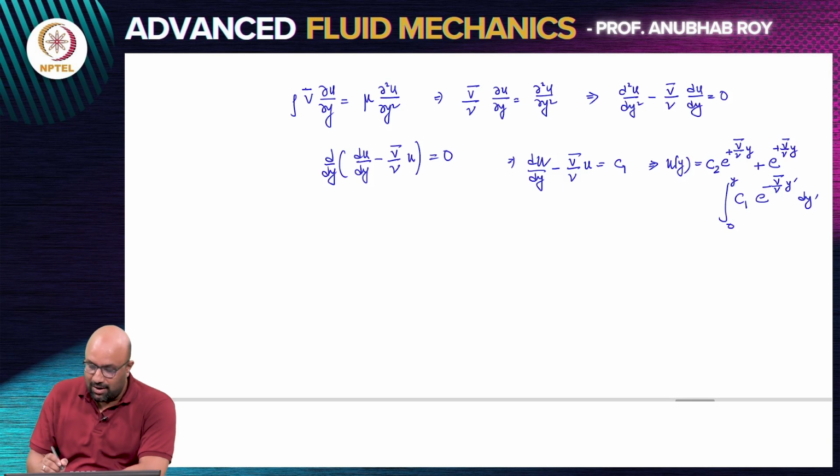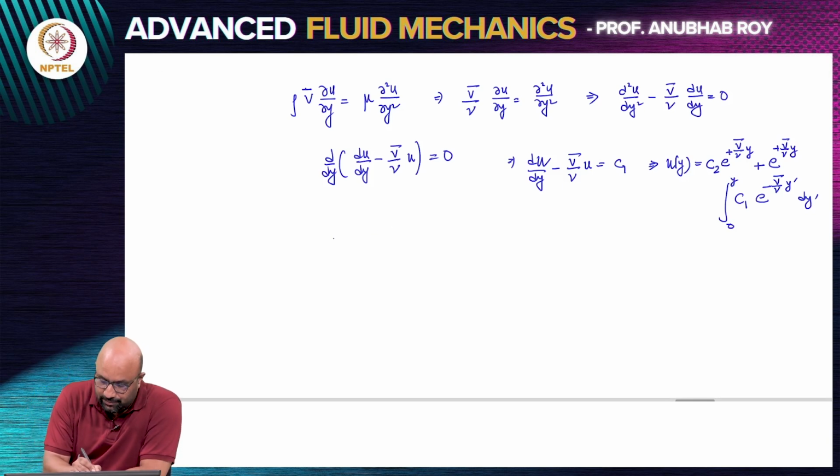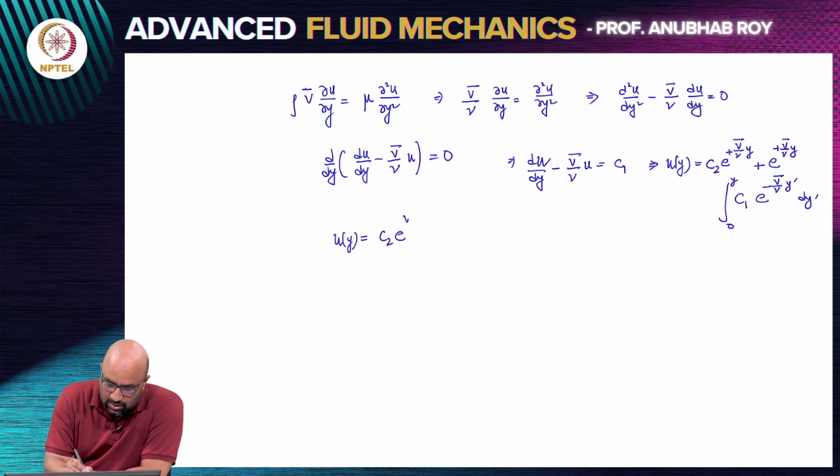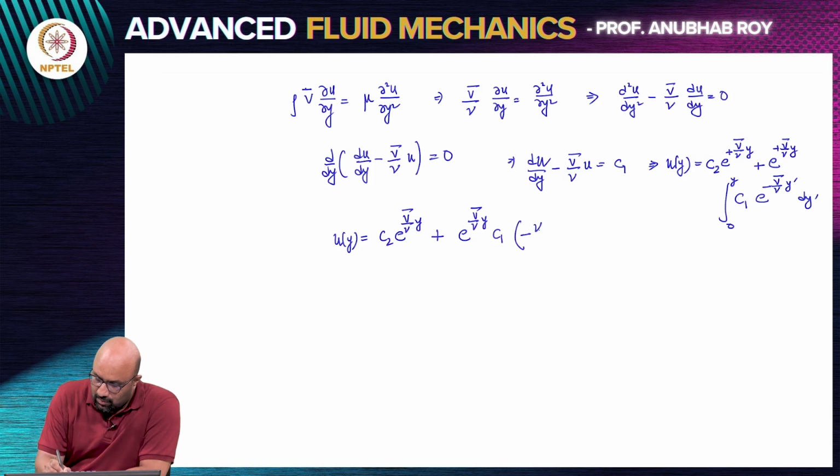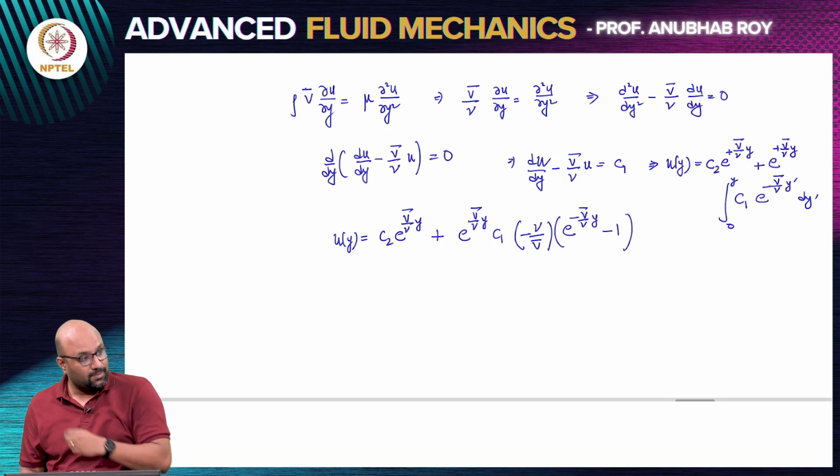So, you will have now a solution in this particular problem, which is u of y is C2 exponential of v bar by nu y, and on integration you will have C1 minus nu by v bar exponential of minus v bar by nu y minus 1 as your solution.